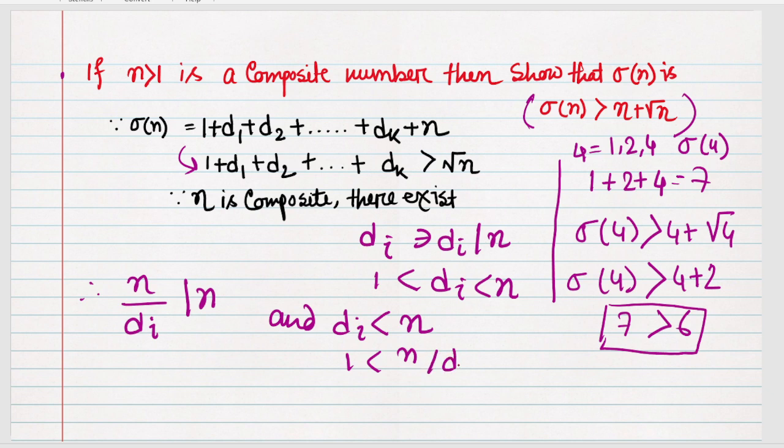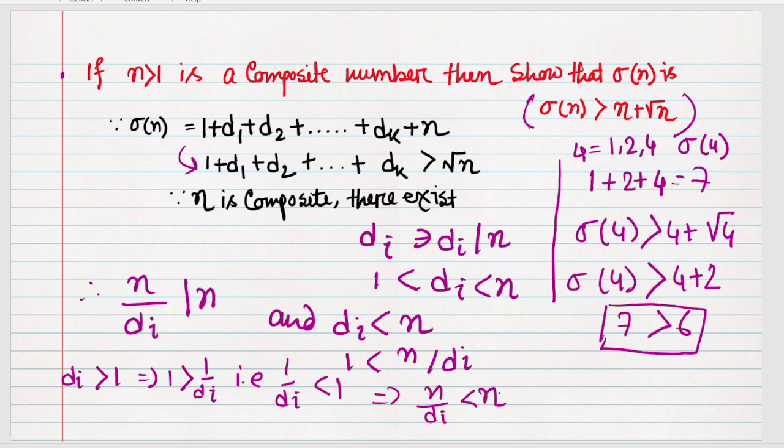And also for any d_i greater than 1, 1 by d_i is less than 1. That means we can say n by d_i must be less than n. Thus we can say that 1 is less than n by d_i, which must be less than n. This is our general sense.